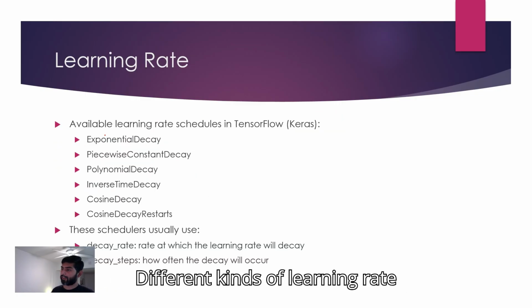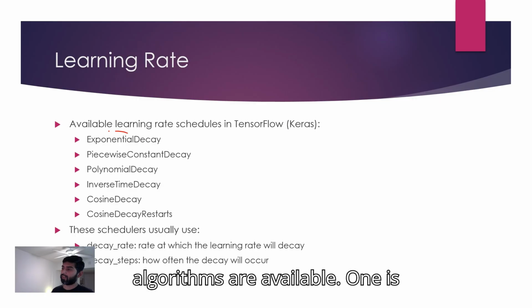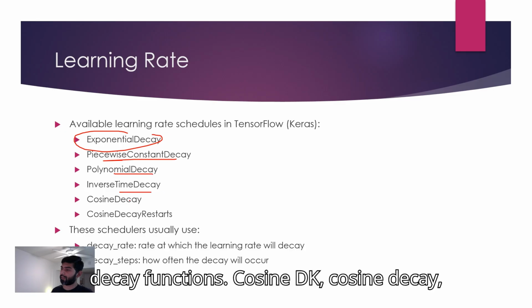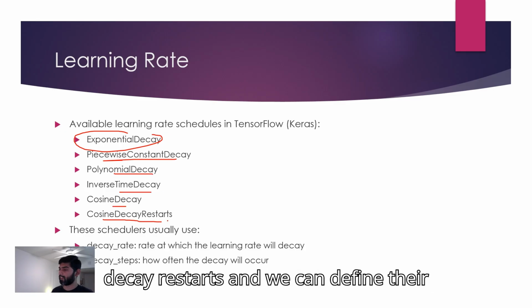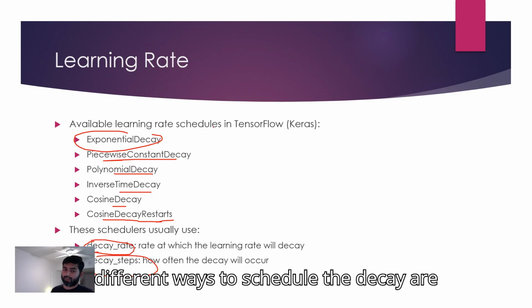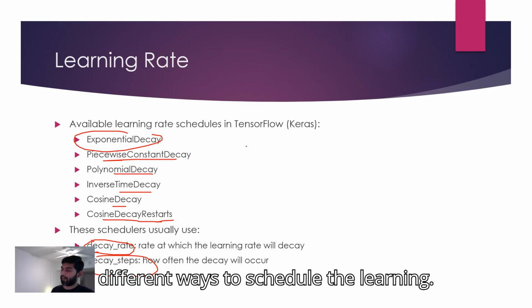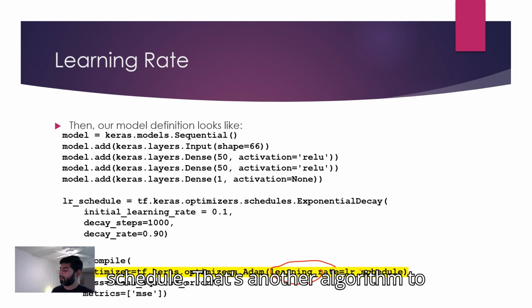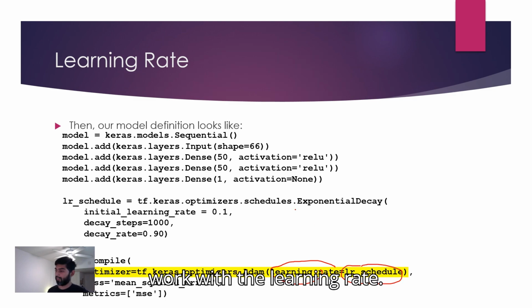Different kinds of learning rate algorithms are available: exponential decay, piecewise constant decay, polynomial decay, cosine decay restarts, and we can define their decay rate. All these are different ways to schedule the decay, or different ways to schedule the learning. Another interesting way to schedule the learning rate is through LR schedule. That's another algorithm to work with the learning rate.